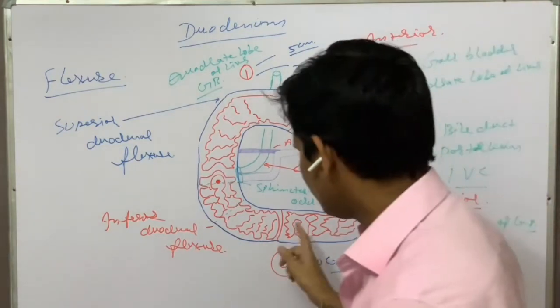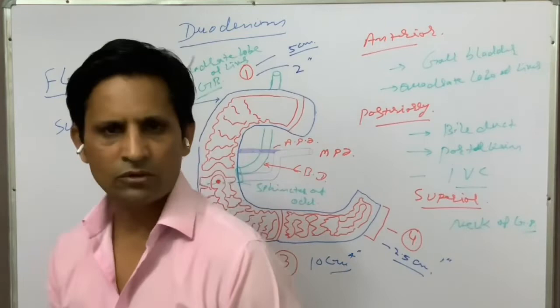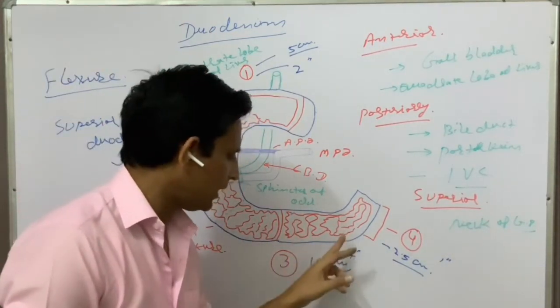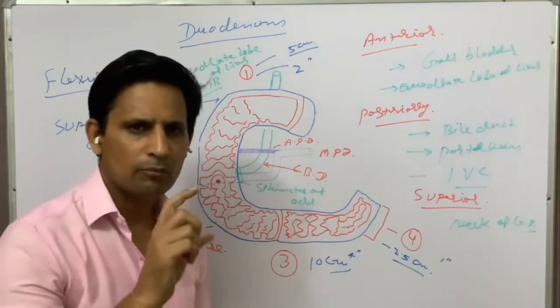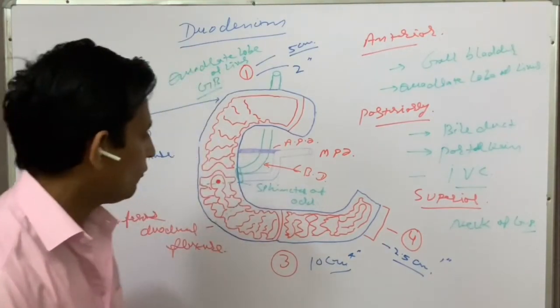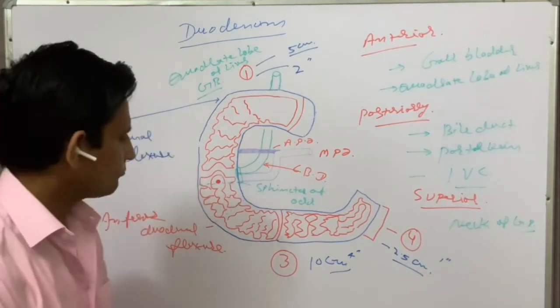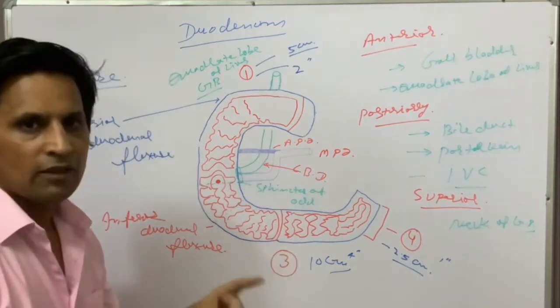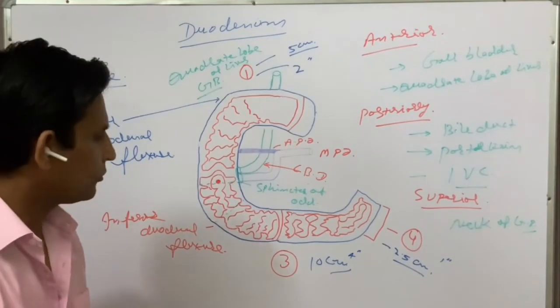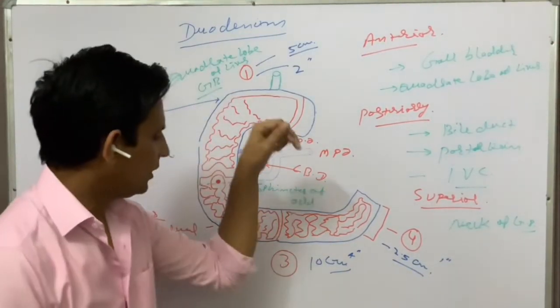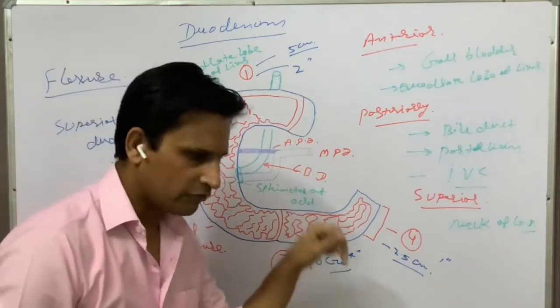The significance of this portion is that as it crosses the midline, it also crosses some very important structures. So what are the main structures that lie in the midline of a vertebra? There would be the vertebra, the abdominal aorta, and the inferior vena cava.